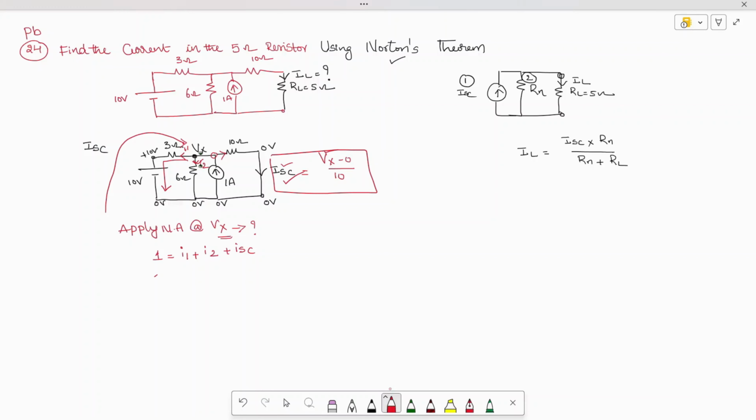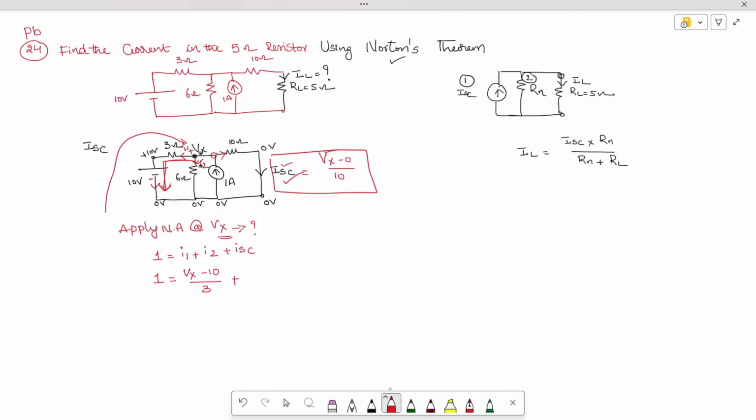So here I should write down only the Vx term. 1 is equal to, how to write down the current I1? The current I1 is flowing in this branch. So this is nothing but Vx, the current is leaving, what is the leaving terminal? Vx. And what is the other terminal we have here? Vx minus 10 divided by R. R value is how much? 3.